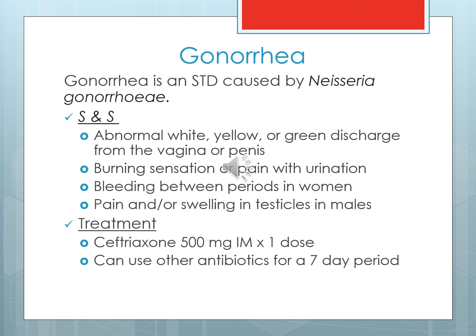The treatment for this one is also a one-time dose of an intramuscular injection of ceftriaxone 500 milligrams. In the case that a patient is allergic to ceftriaxone, there are multiple other antibiotics that can be used for a 7-day period. And once again, the patient must abstain from sexual intercourse for at least 7 days.